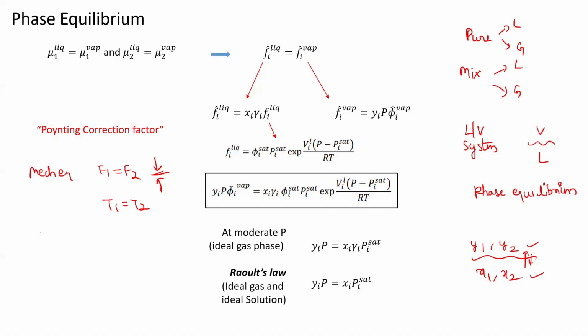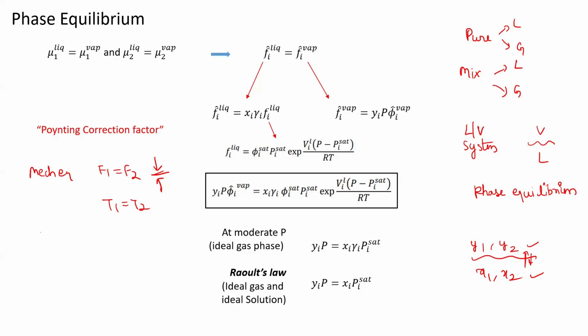Here, mu1 is the partial derivative with respect to n1, and from there you will be getting ln gamma 1. And gamma is defined as Fi by Fi ideal.